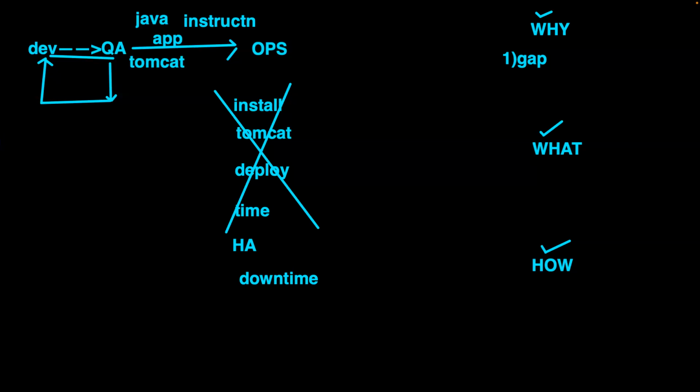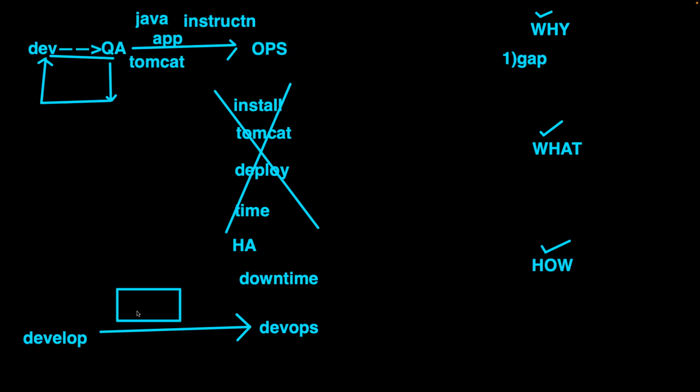Earlier they used to hand over to ops teams, now we have a DevOps team. Okay, the development team is still there. Development is a separate team. The DevOps team need not go and write the code. Developers are still there. They write the code and they hand over the application in a totally different way.